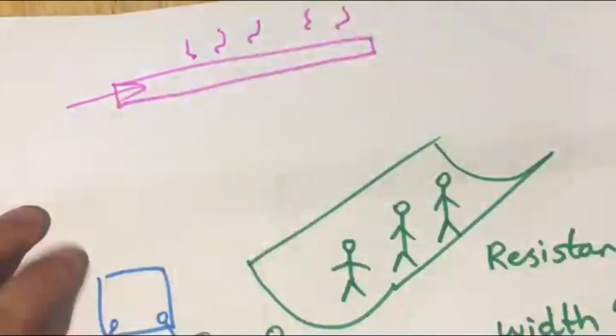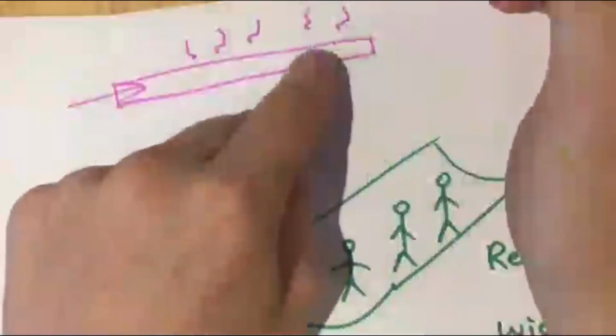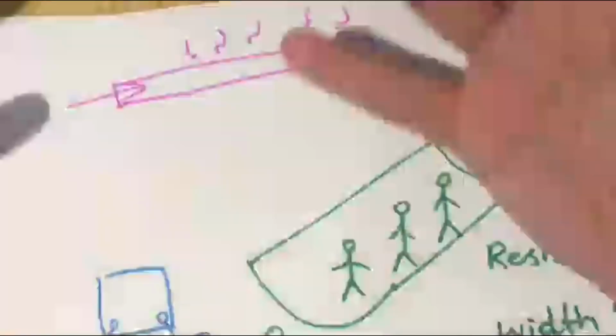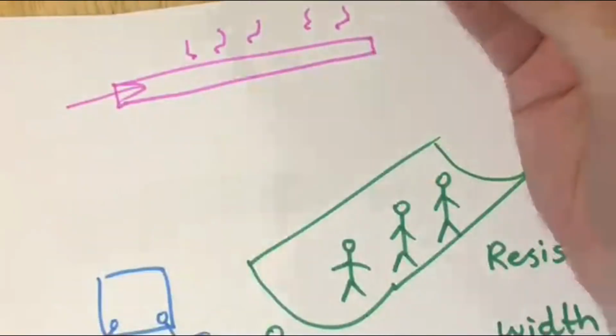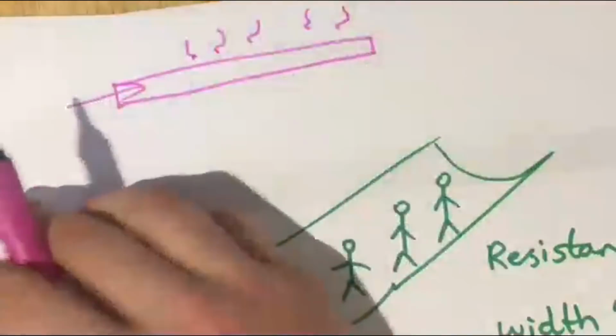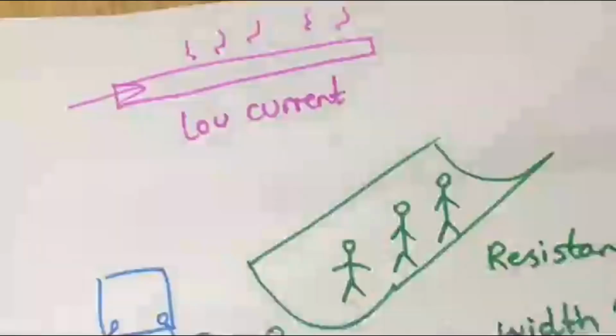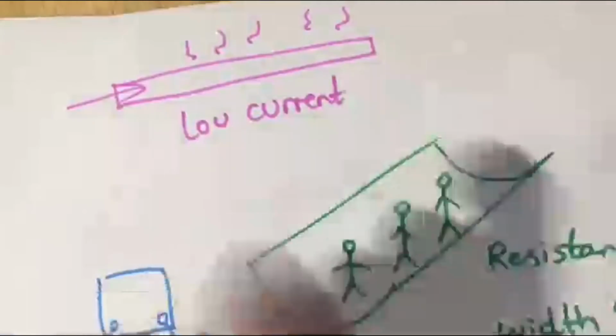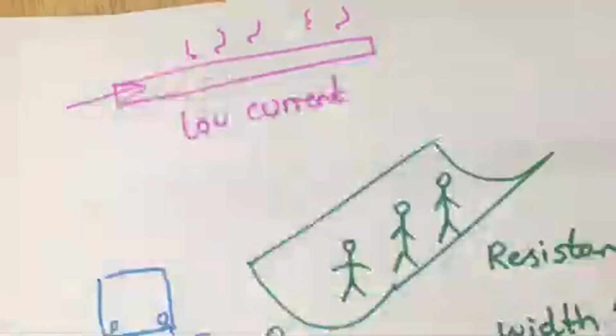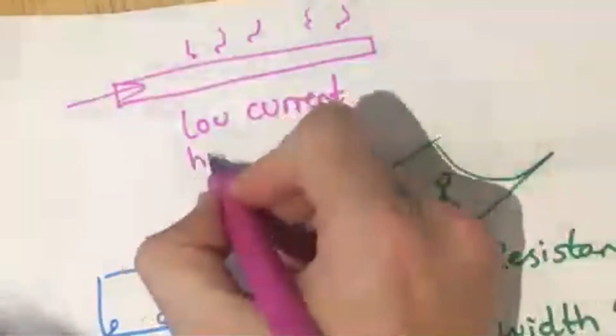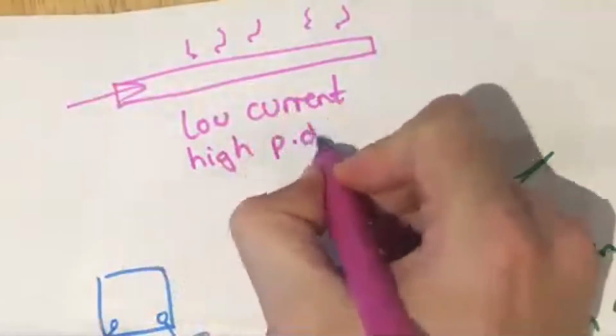So the logic is I don't want to lose energy because I've gone through all this effort to generate electricity. So instead of a high current, you want as low a current as possible. The electrons are just trickling through, but each electron has got loads of energy. So you want a really low current, but a super high potential difference.